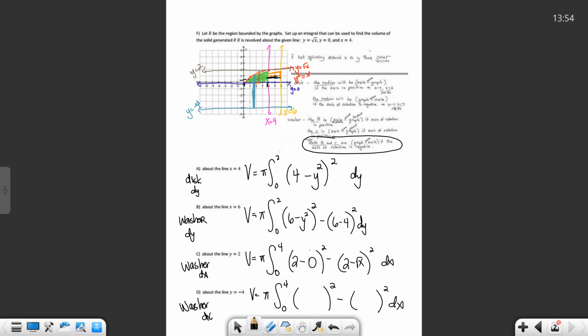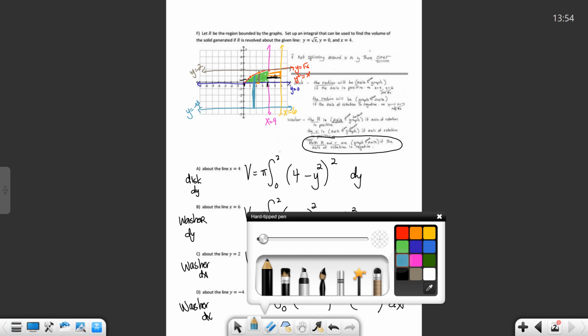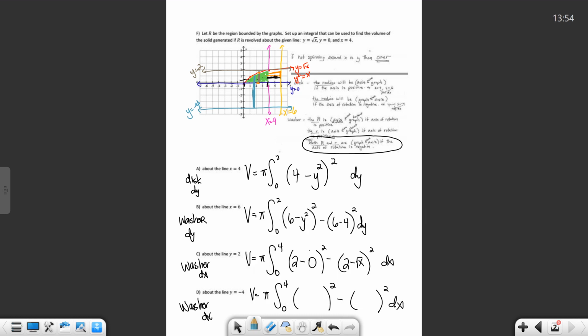Both capital R and little r are going to be the graph minus the axis if the axis of rotation is negative. So this time we want to do graph minus axis. You want to do furthest away and then closest. If I think about my axis of rotation, the furthest away graph is the red, and the closest graph is the bottom one, which is the blue.